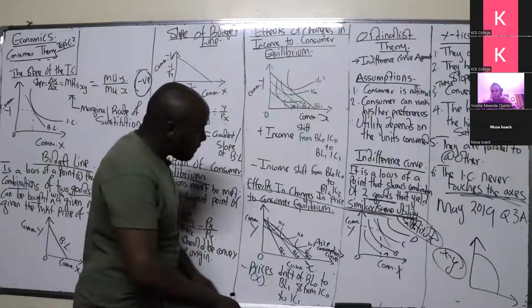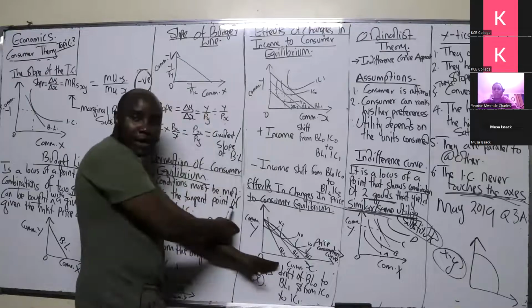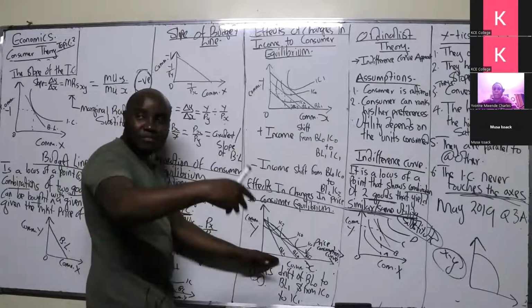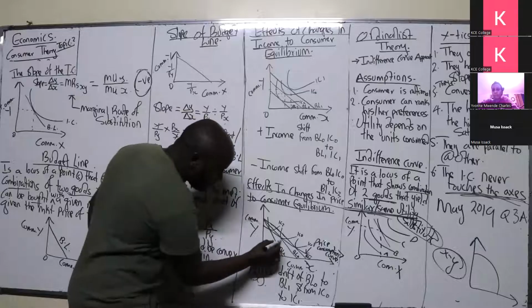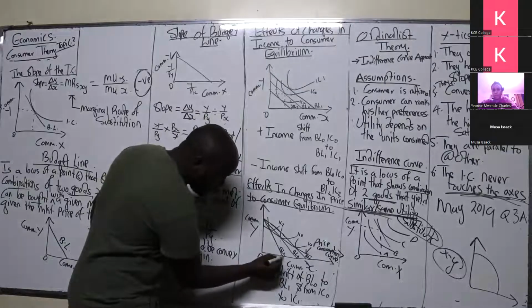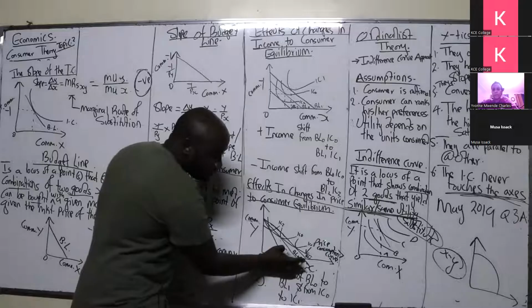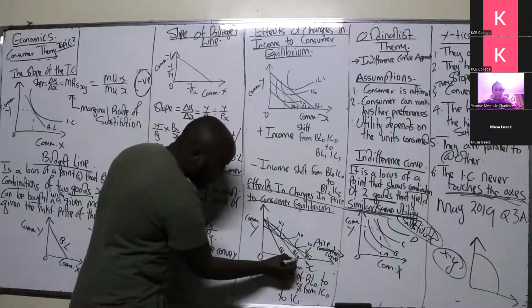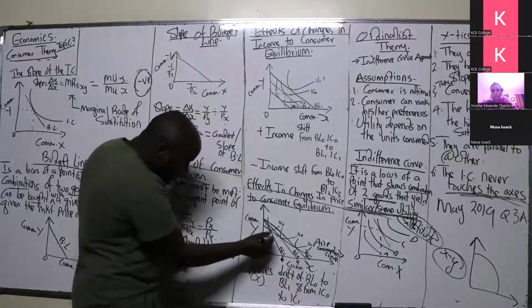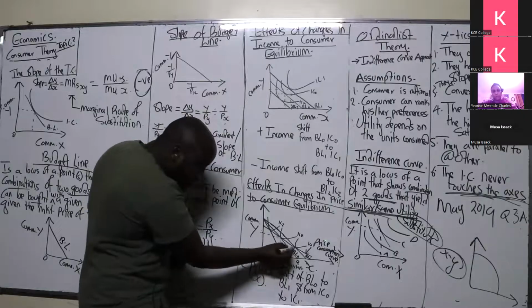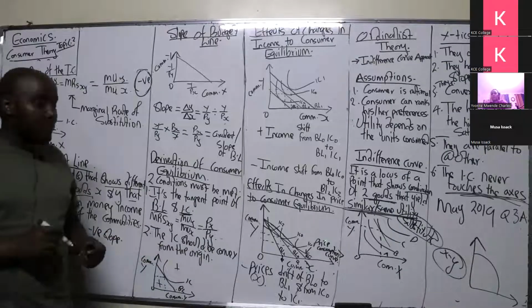Because commodity X is now more achievable than Y, people will consume more of X, from this point to an increment of X, because they can afford it, and decrease the consumption of Y from this point to this point. Is that clear?